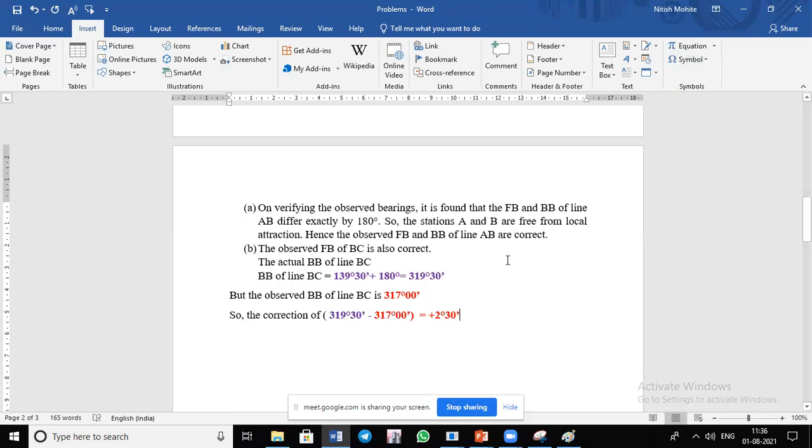This is the correction that should be applied for the station C, at C.